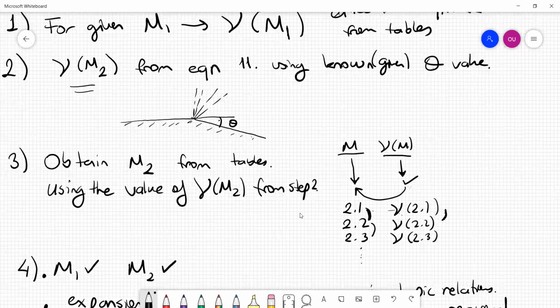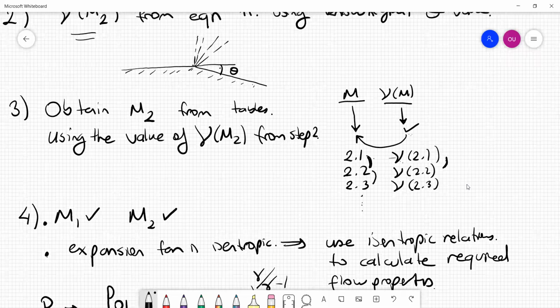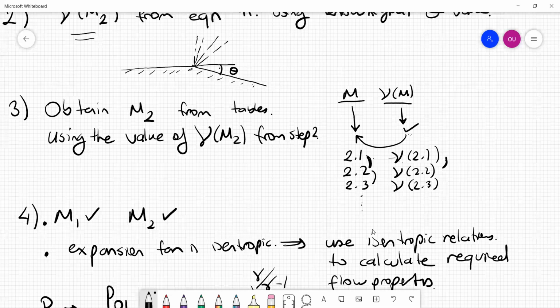You cannot use the equation to calculate the third step unless you have some symbolic solver, or you need to write a code and solve it iteratively. You cannot just right away do it. So instead of doing those, we have to work out the tables. So that's important, which means that for solving expansion fan problems, we do really need to have these Prandtl-Meyer function tables in order to obtain a solution.